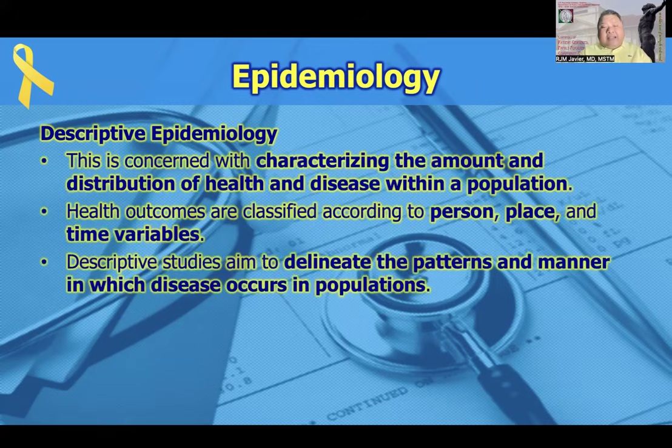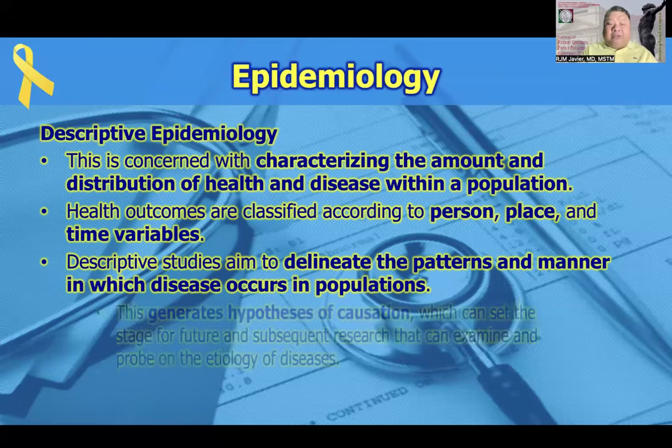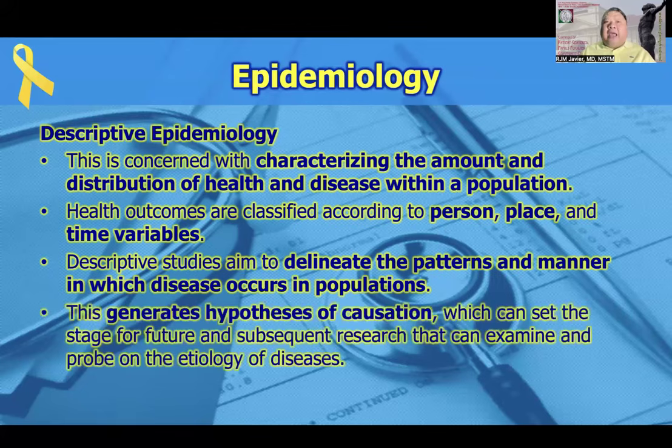And descriptive studies aim to delineate the patterns and manners in which disease occurs in population. Sometimes people may have the same risk factors and yet they don't develop the same disease outcomes similarly. And this is why it is imperative that we are familiar with descriptive epidemiology.